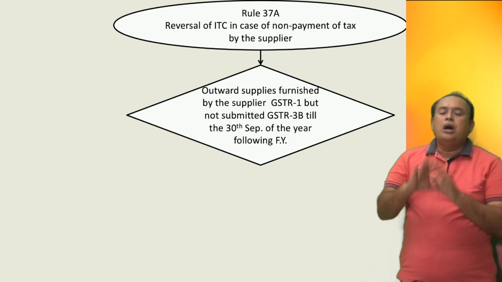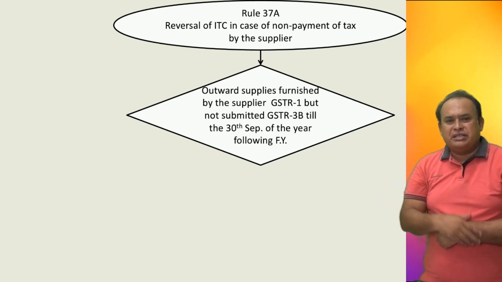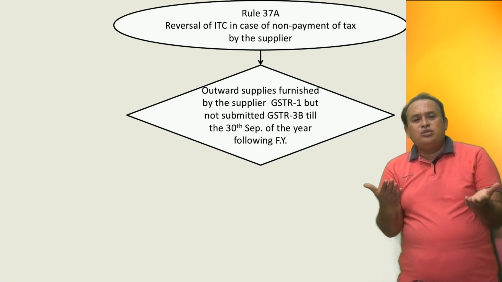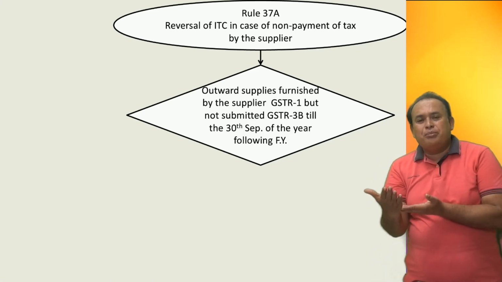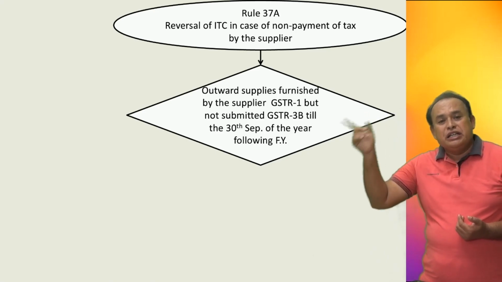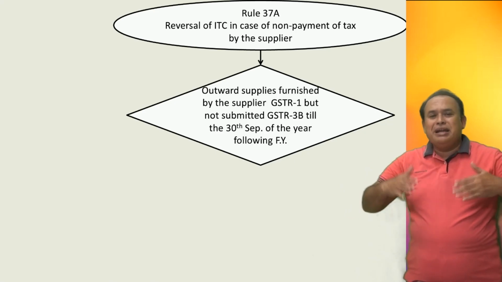What value? 100 lakhs. What is the amount of GST? 28% GST, 28 lakhs. So my invoice has 100 lakhs value of inward supply plus input tax credit of 28 lakhs. My supplier issued the invoice and supplied the goods. I received both, and I made the payment to my supplier.